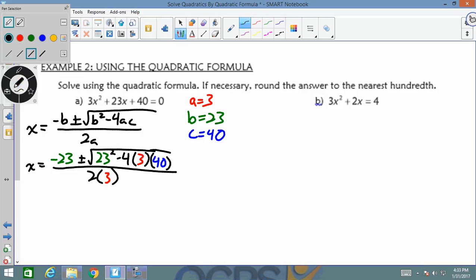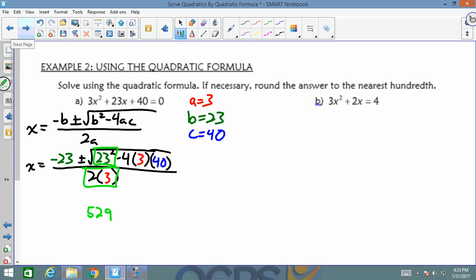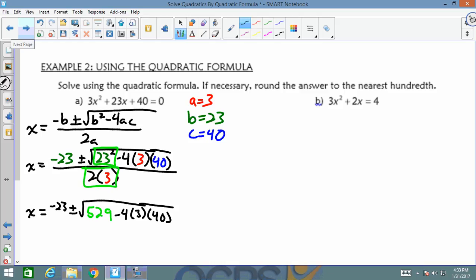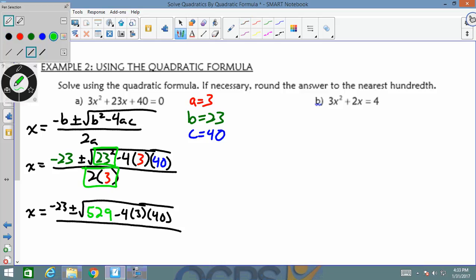Okay, once I substitute my numbers in, I'm then going to go ahead and do these two things first. So 23 squared, so 23 times 23, is 529. Bring down everything else. All over 2 times 3 on the bottom is 6.